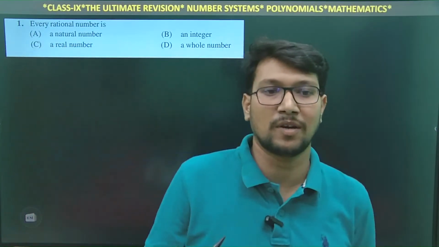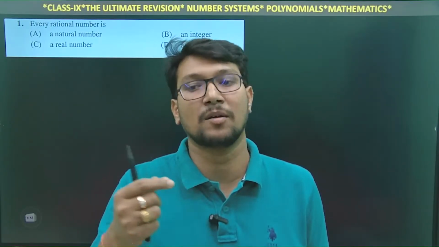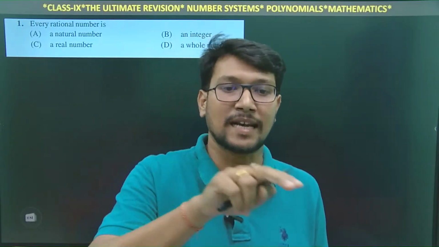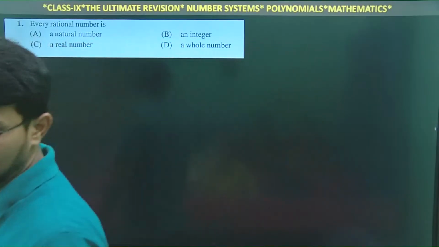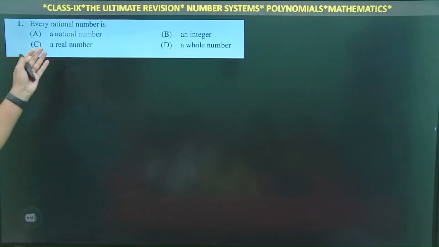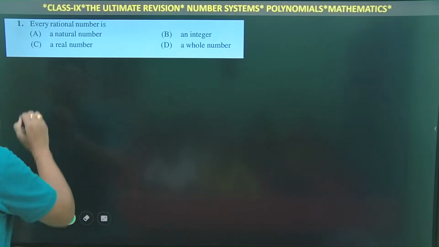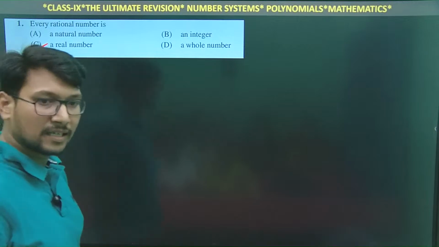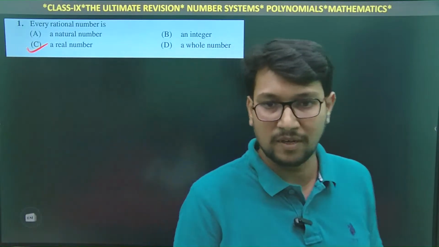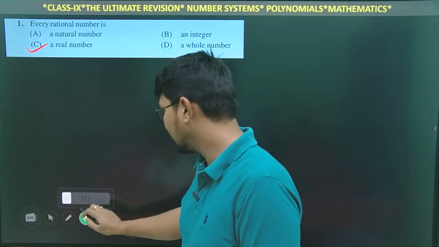We have discussed what rational numbers are. Real numbers are either rational or irrational. Is that clear? So every rational number is a real number. Is that clear, everyone?